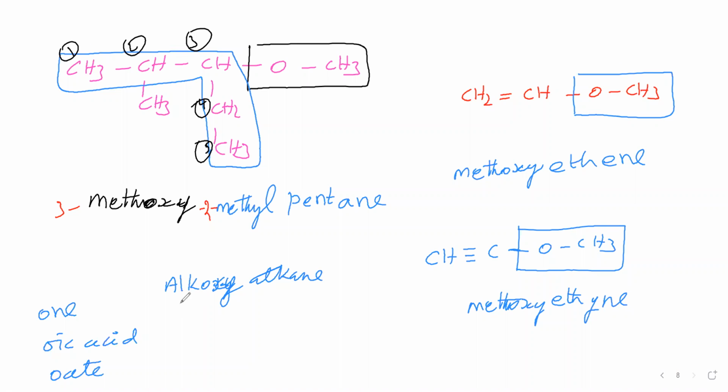Already we have discussed aldehyde. Aldehyde secondary suffix is al. Next, alcohol. Alcohol secondary suffix is ol. These are the functional groups we have discussed so far. Still, many functional groups are there. That will continue later. We'll stop.